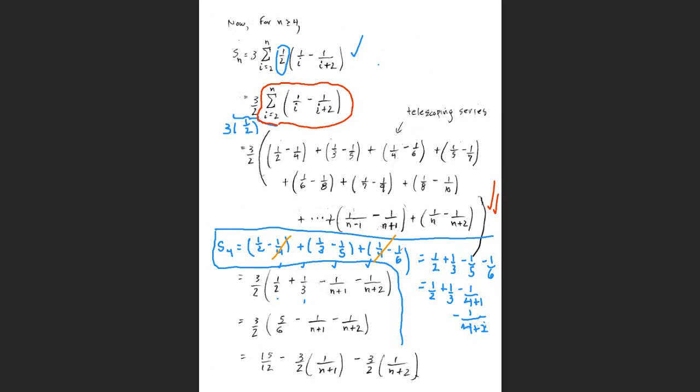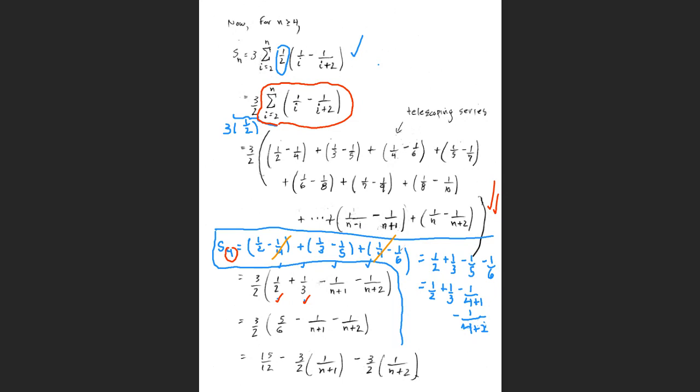So for the fourth partial sum, I have the half, the third. I've got to be careful here, we mustn't forget the 3 halves. We know there's a 3 halves in front of this.